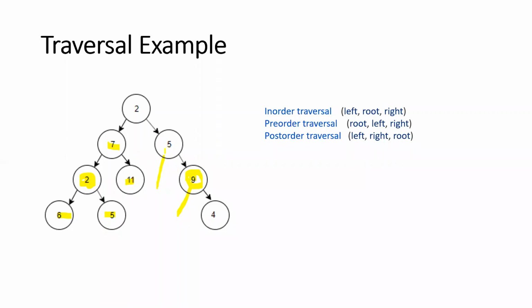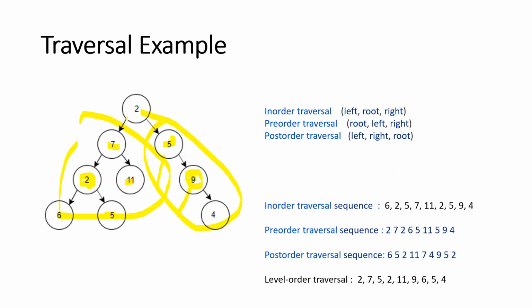Left is not there, right we already printed. Then root will be printed. Root is 5. So now reaching at 2, we will see that left is printed, right is also printed. So now root 2 will be printed.